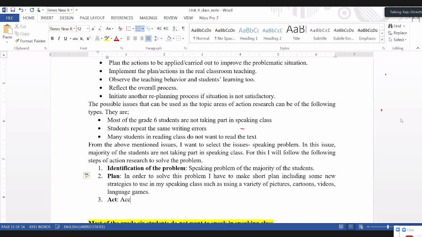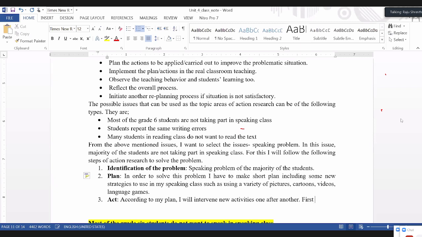According to my plan, I will intervene with new strategies, new activities or strategies, one after another.